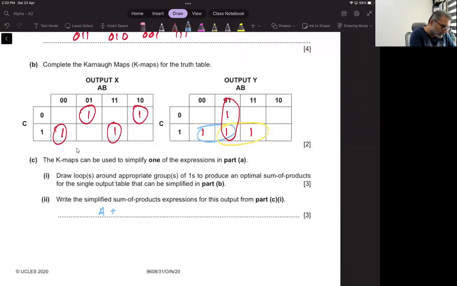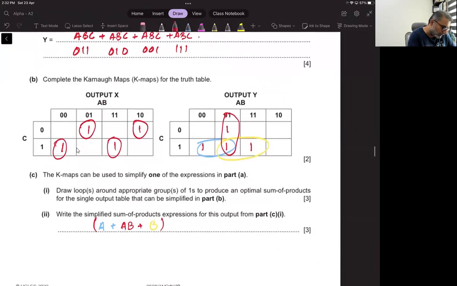And the red one, A and B both are same. And then yellow one, A is changing while B is there. So this is for X. This is for Y, sorry. So write the simplified sum of expressions for this output in part C1.